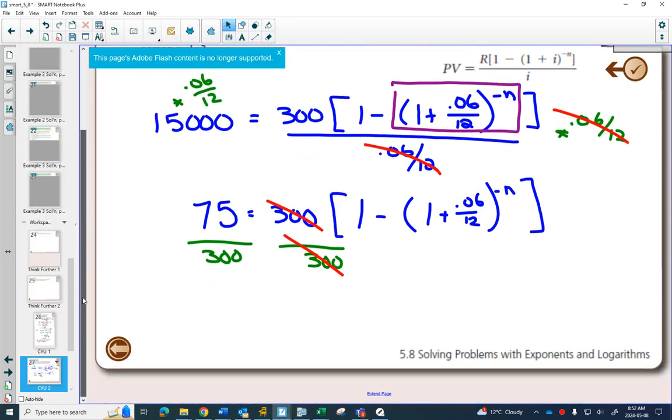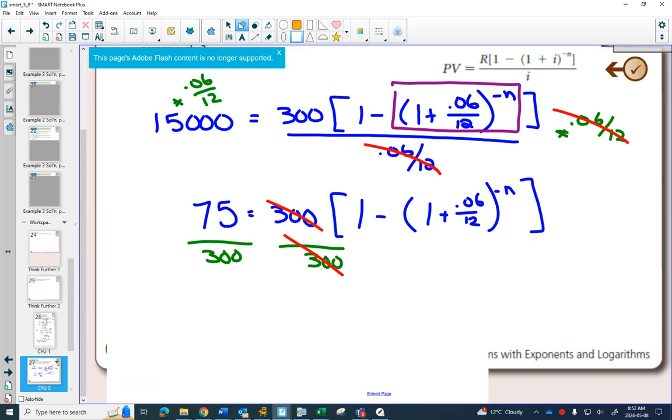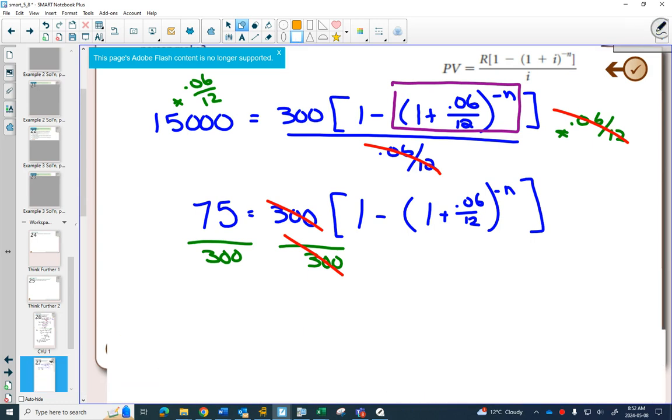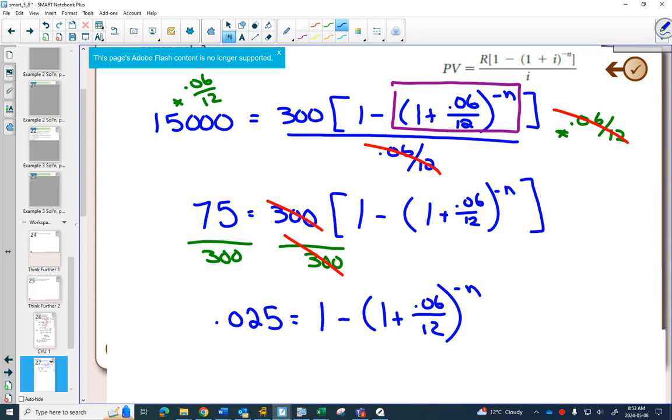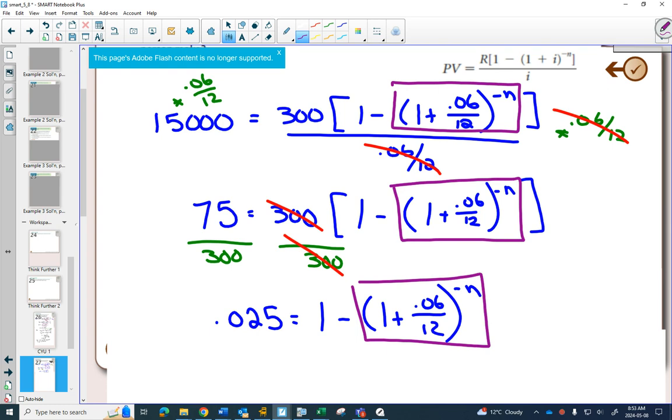I get 0.25. And now that I have divided by 300, those big square brackets aren't necessary anymore. So I just have 1 minus. And again, I'm still going to put the purple box around my power all the way through to remind myself that's what I want to get by itself.